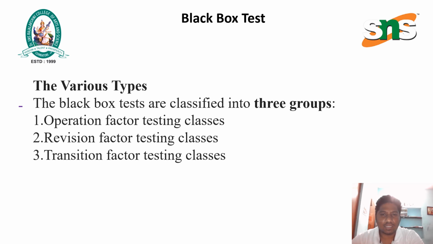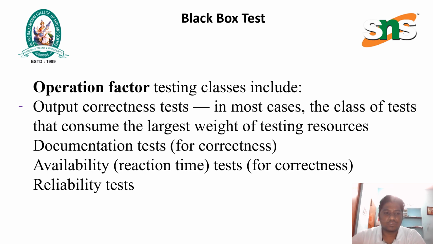Black box tests are classified into three groups. The first is operation factor testing classes, the second is revision factor testing classes, and the third is transition factor testing classes. Operation factor testing is classified into the output correctness test.